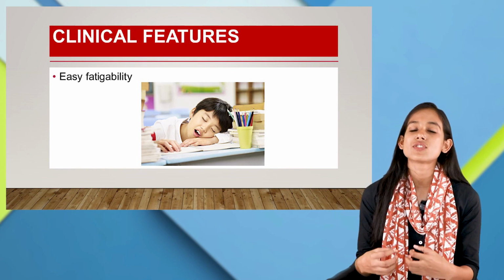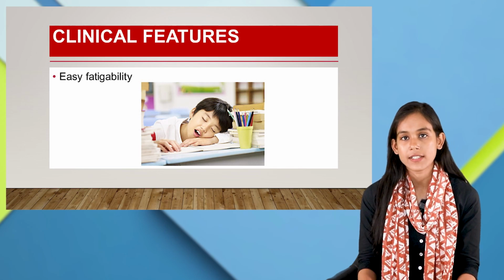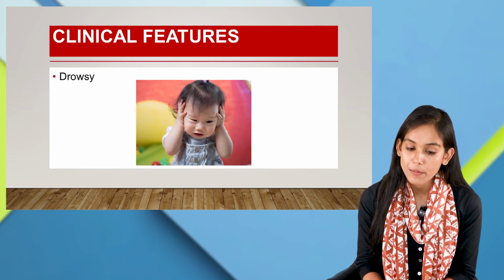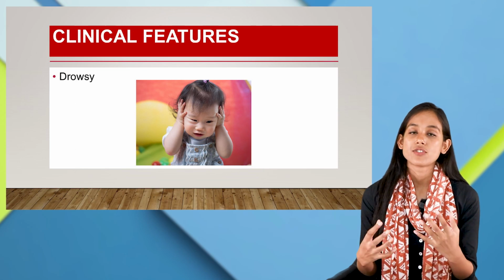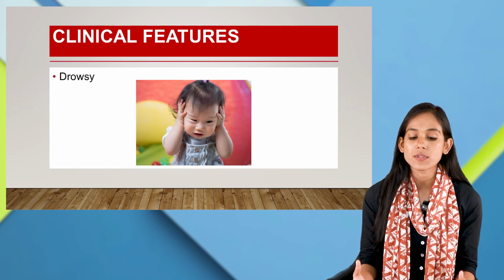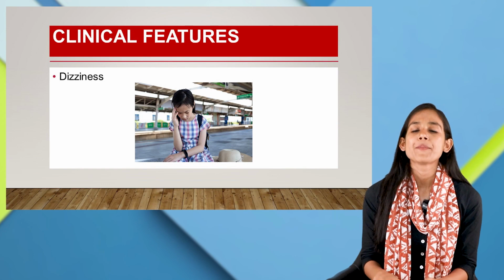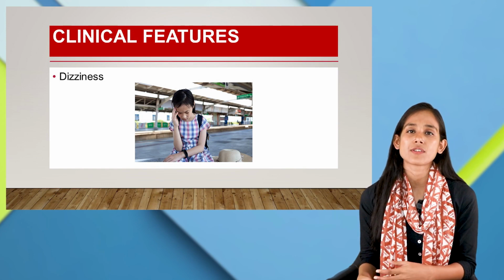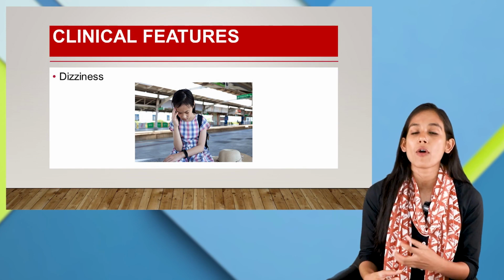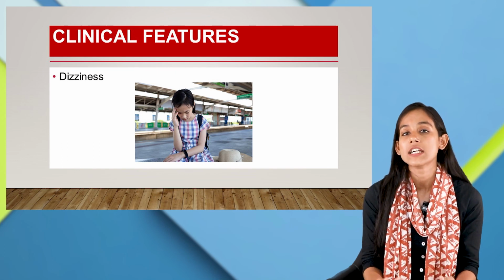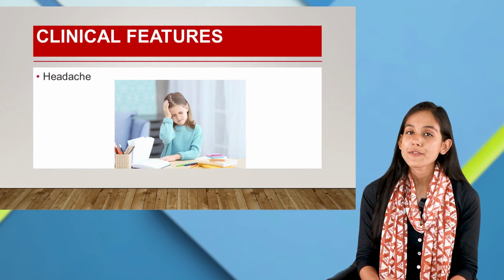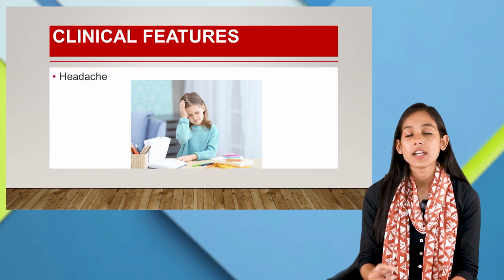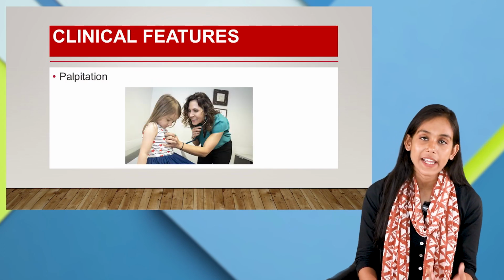So that's the reason the child will feel easily fatigued. Again, the child will have shortness of breath, lethargy, the child will feel drowsy, and dizziness will be there. Now all these things are because adequate oxygen is not reaching the tissues. Apart from these, a child might have headache, palpitations, or pica signs.